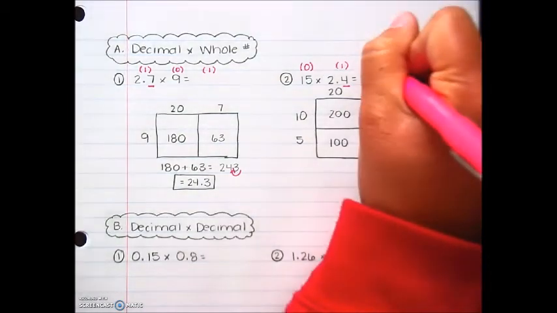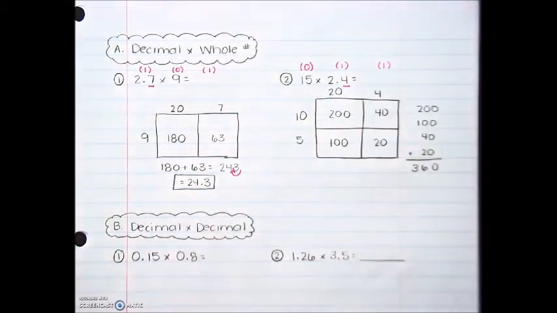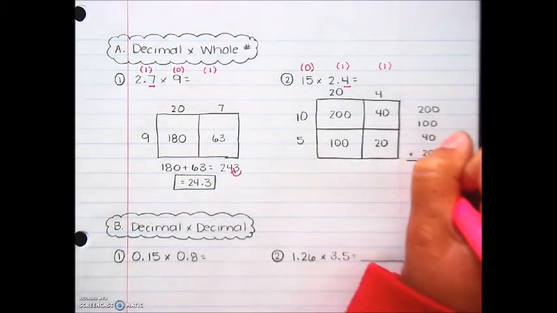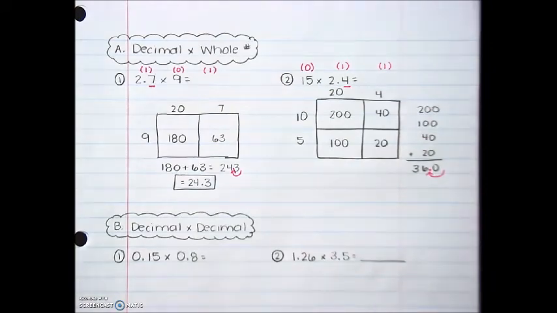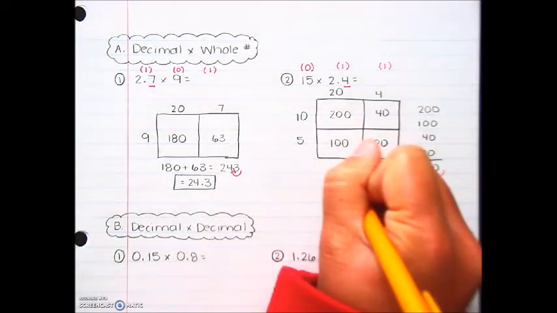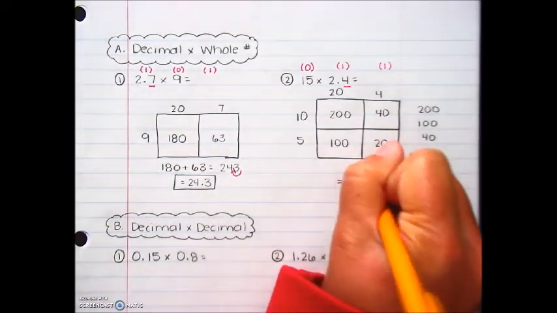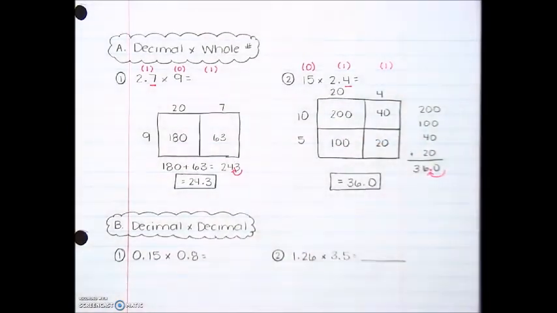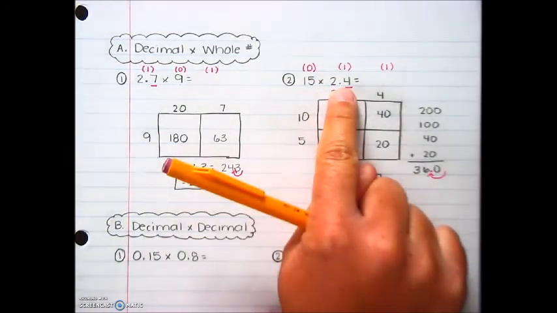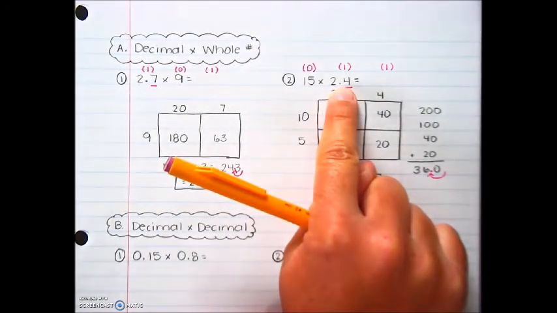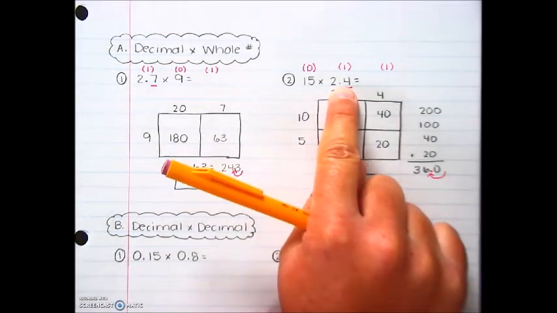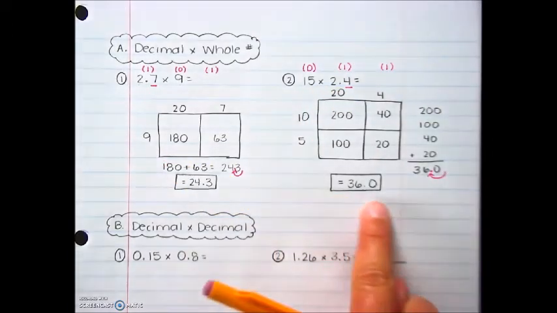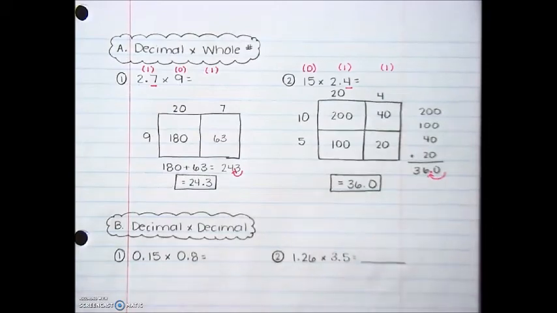So that means in my final answer or my product, I'll have one digit after the decimal point, which means I'll move back from the end one space, giving me a final product of 36 and 0/10, or the whole number 36. And again, that makes sense because 2 and 4/10 is just about 2.5. So I'm multiplying by a little bit more than 2. 15 times 2 is 30. So that means my answer should be a little bit more than 30, which it is.